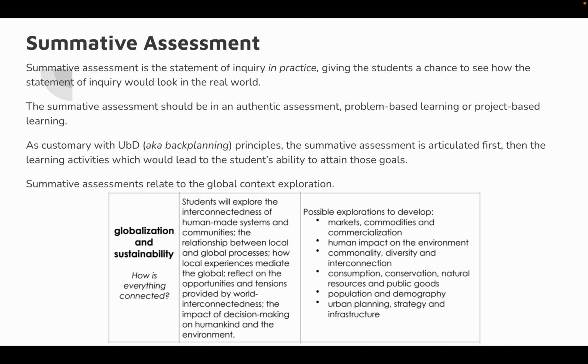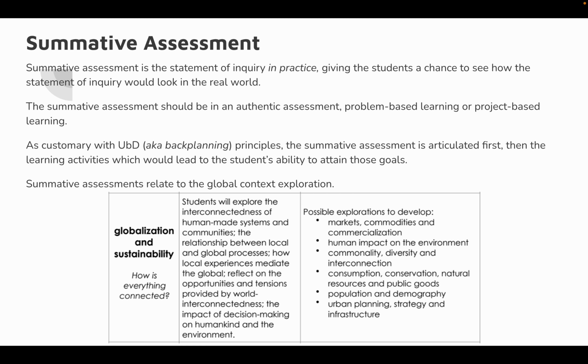And speaking of where we want the students to be, the summative assessment in the MYP is quite particular. The summative assessment will not be a paper exam. It will also not be an exam where the students need to get 80% in order to pass, and then that 80% is converted to the MYP criterion scale, for example.